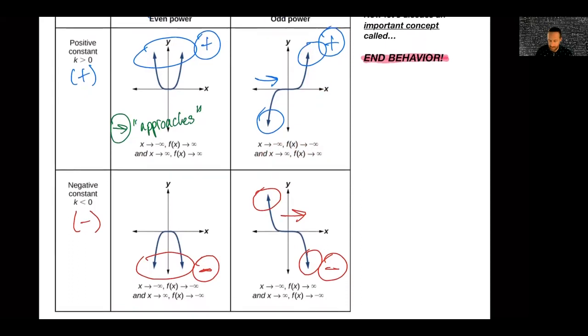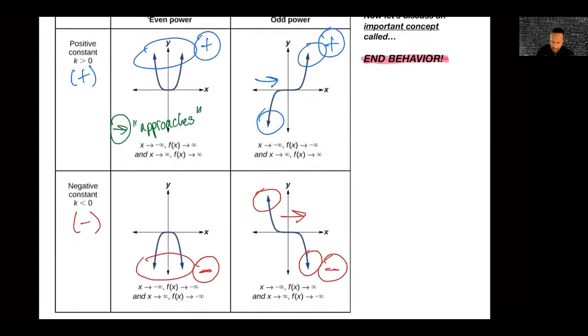Where if it's the even with the negative in front, then they're both going to be facing down. So as my x goes to the far left, my y goes to negative infinity. As my x goes to the far right, my y approaches negative infinity. It goes down as well.